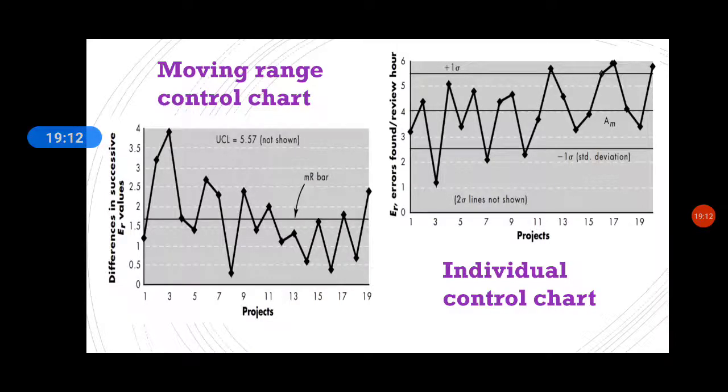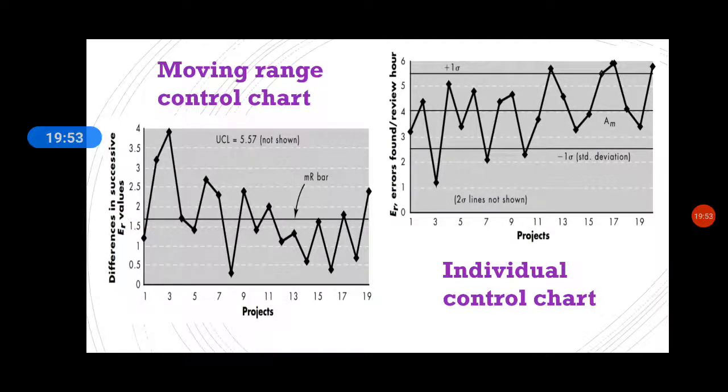Coming to the individual control chart, the y-axis identifies the errors per review hour, and the standard deviation is calculated with the average mean values represented by AM. Minus 1 sigma represents standard deviation with negative values and plus 1 sigma represents the positive values for standard deviation.